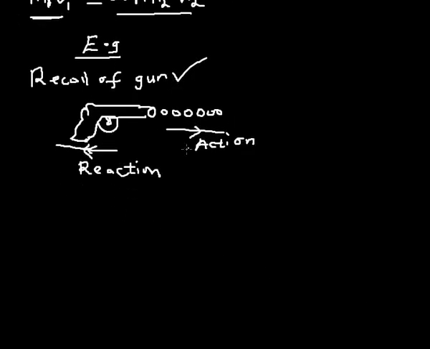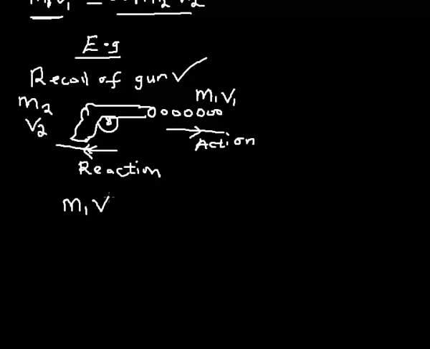So the same formula goes. Starting with the action first, the mass of the bullet is m1 and the velocity of the bullet is v1. Then the mass of the gun is m2, and the backward velocity of the gun, which is called the recoil velocity, is v2.